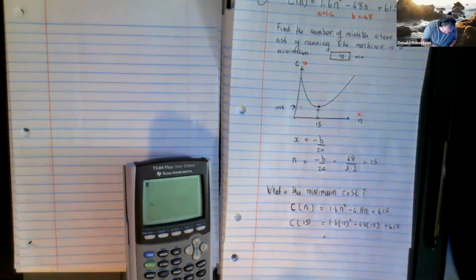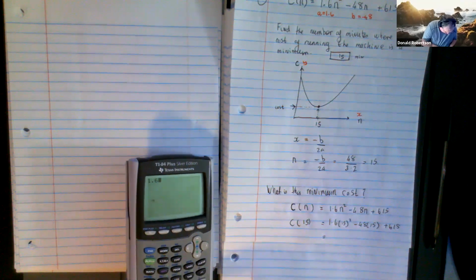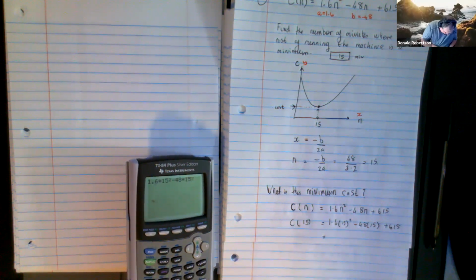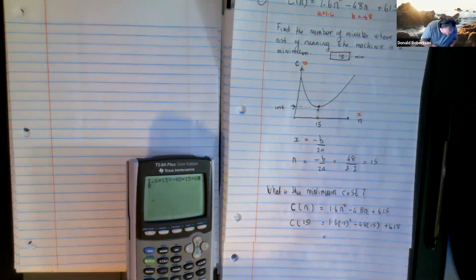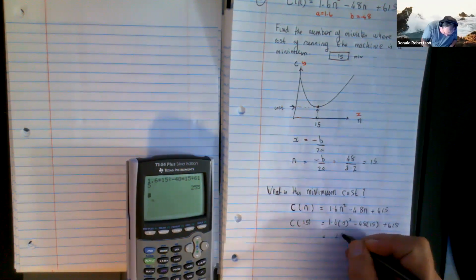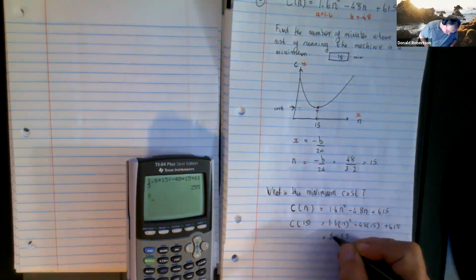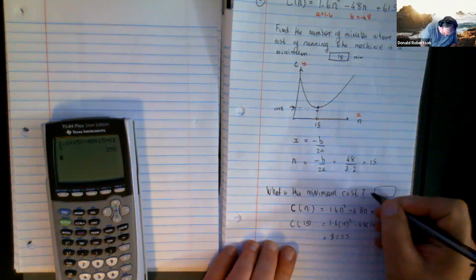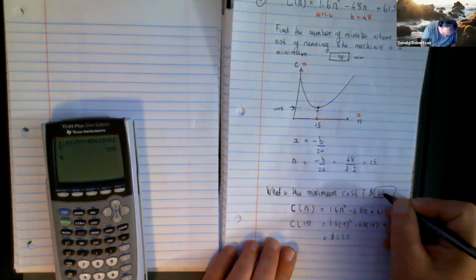Here we go. 1.6 times 15 squared, take away 48 times 15 plus 615. And the answer I get is 255. So I'll assume it's dollars. And that would be our second answer.